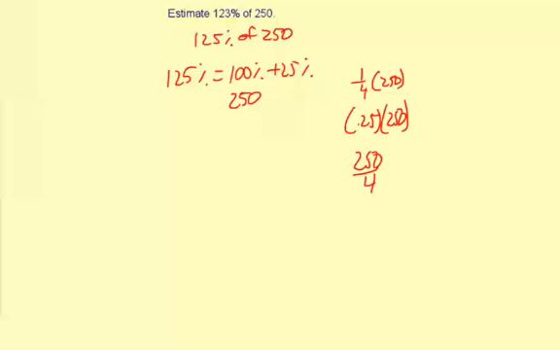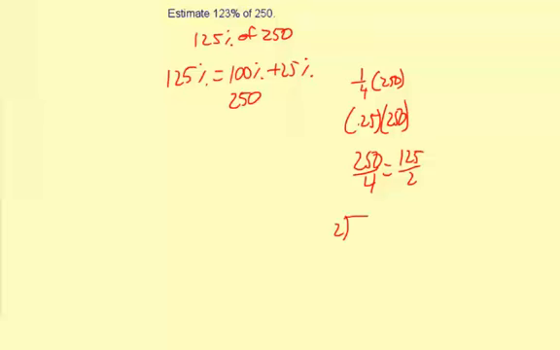So let's see, 250 divided by 4, I'll just go with that one. I'm going to reduce it down by 2, that's going to be 125 over 2. And 125 doesn't divide evenly by 2, so that means we're going to have to do a long division anyways.